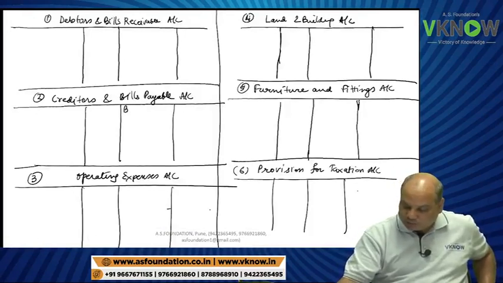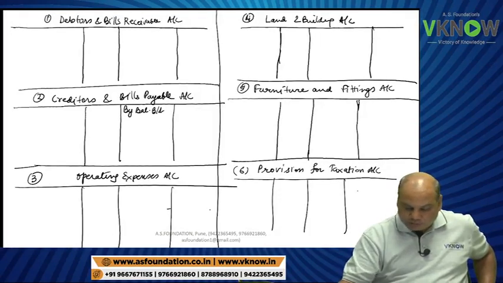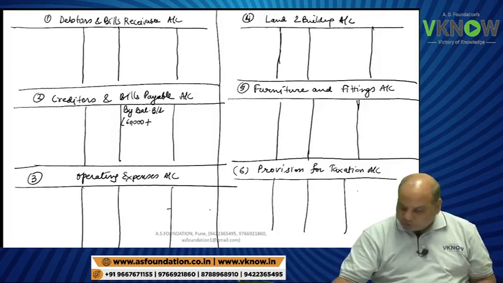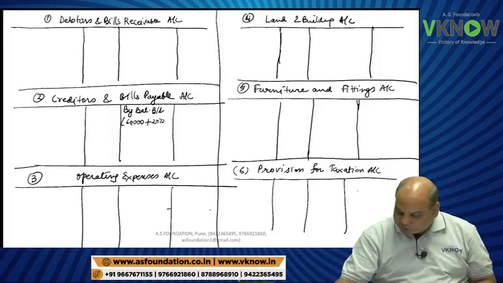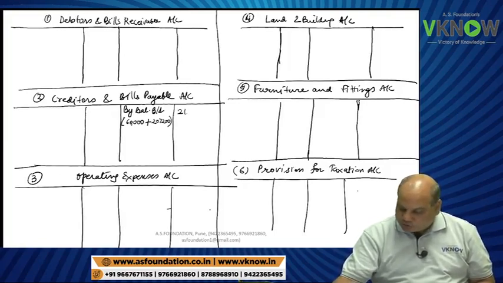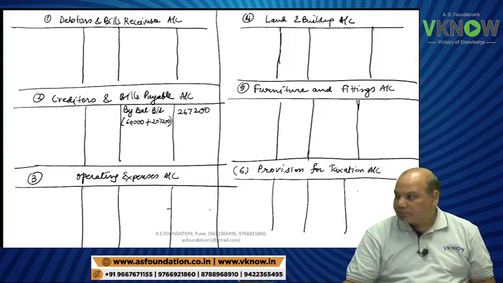On the screen, working note 2, by balance brought down. Bills payable 60,000 and sundry creditor opening balance is 2,07,200. So that is equal to 267,200.